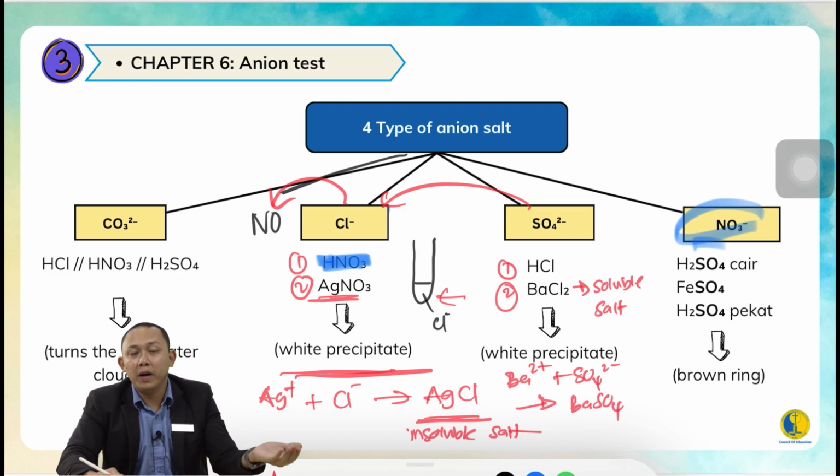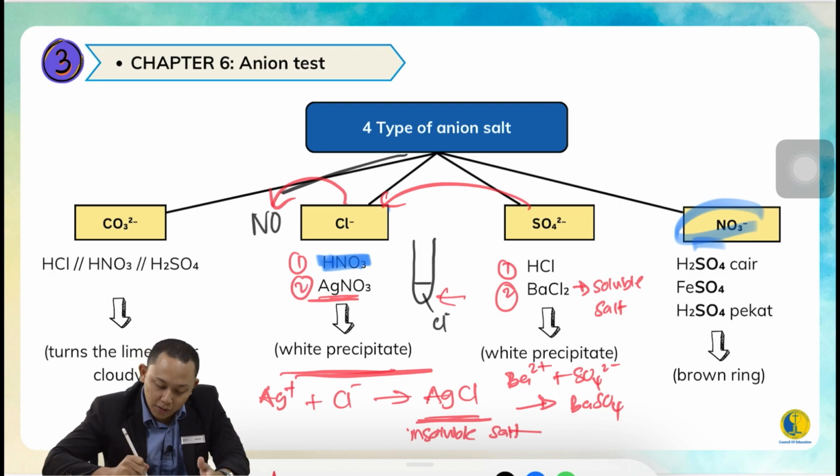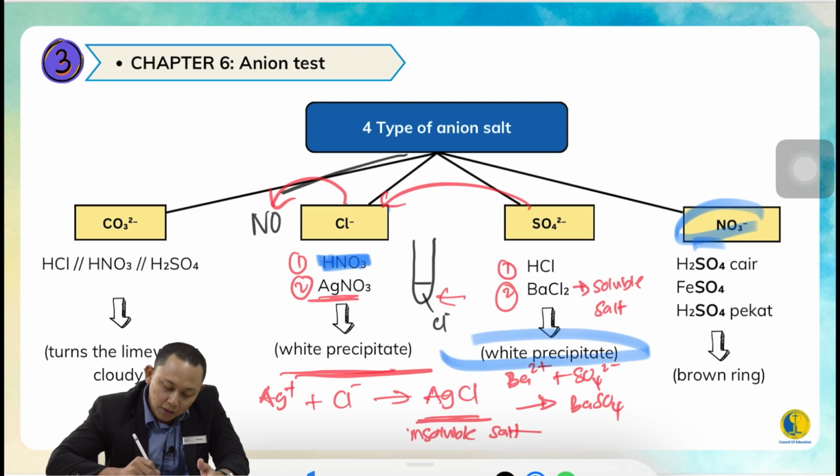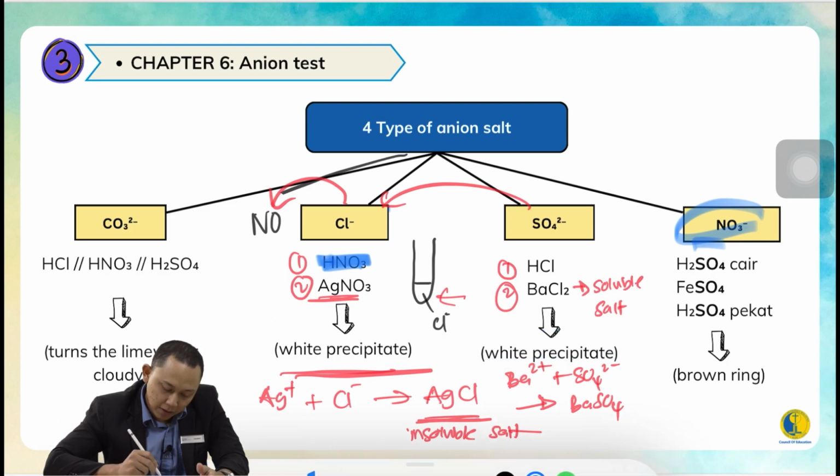Recall the solubility of salts: barium sulfate is an insoluble salt. So when you have the production of an insoluble salt, you can see a solid or precipitate occur. That's why you can see a white precipitate will happen here.